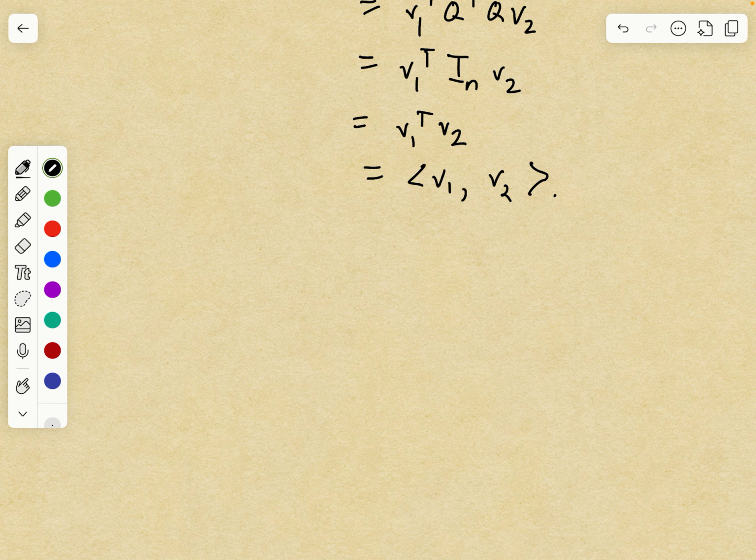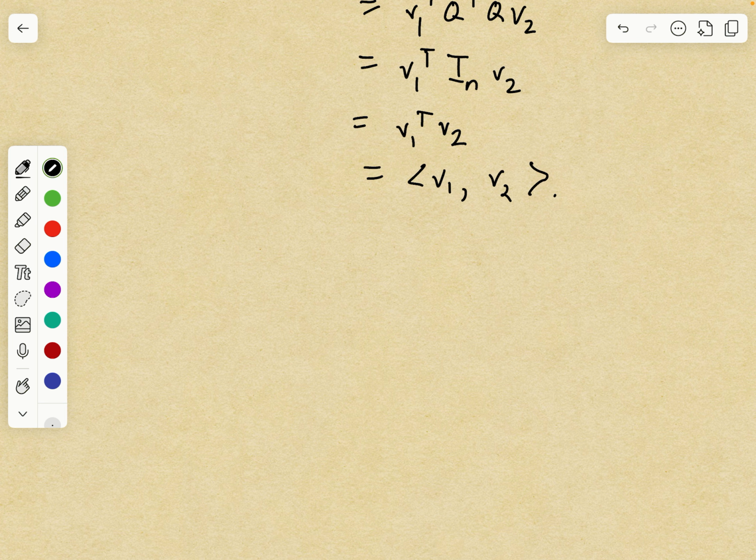So what that means is that since orthogonal matrices don't change the dot product, the dot product of the two input vectors must be the dot product of the two output vectors. That means that whenever I have something that's defined in terms of the dot product, the orthogonal matrix transformation doesn't change that either.